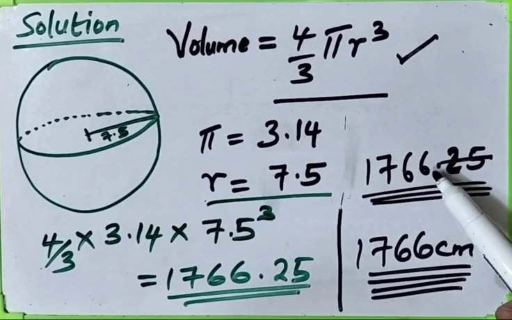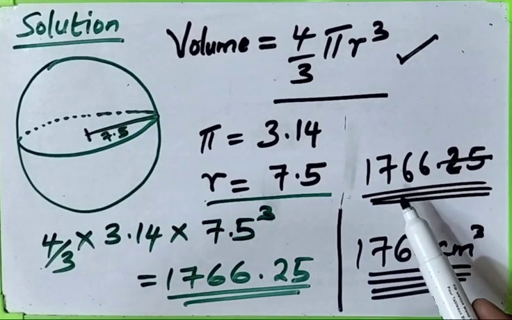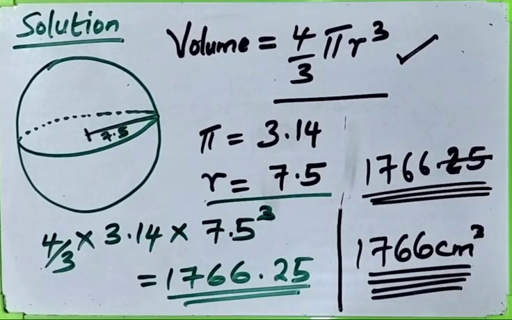If the number after the decimal was 5 or greater than 5, then we could have rounded it off to 1767. But it wasn't. It was 2, which is less than 5. So we drop the rest of the values after the decimal and remain with 1766 as our answer. That is the formula and also the application of the formula for the volume of a sphere.